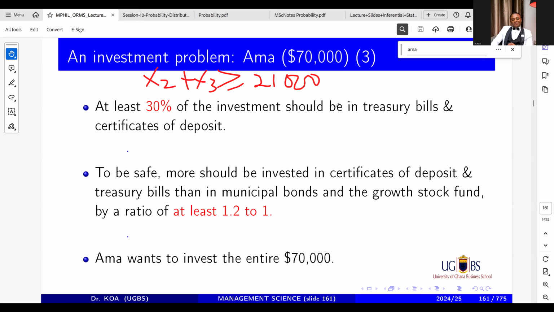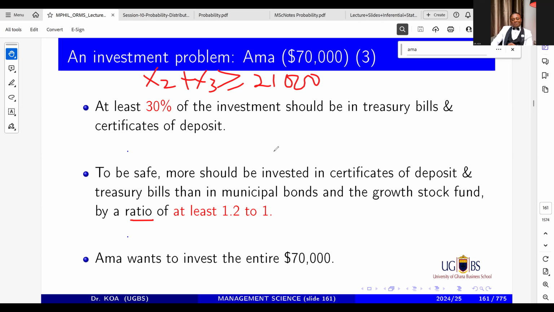The next one. To be safe, more should be invested in certificate of deposit and treasury bills than in municipal bonds and growth stock fund. Now remember, by a ratio of at least 1.2 to 1.